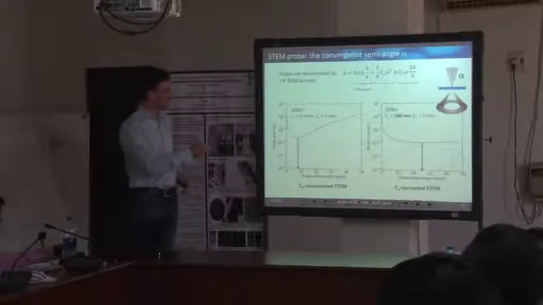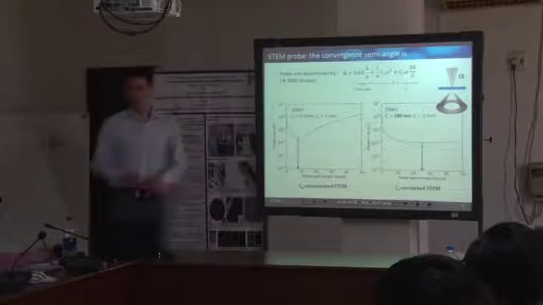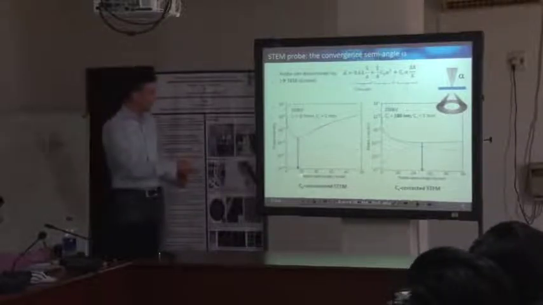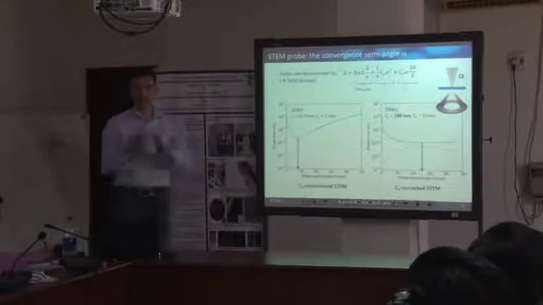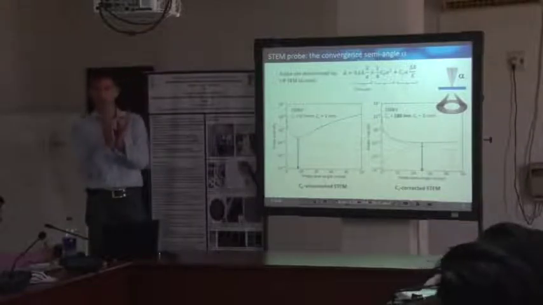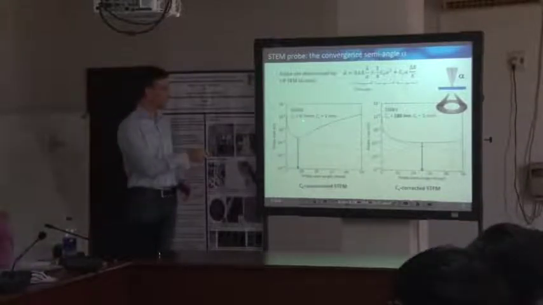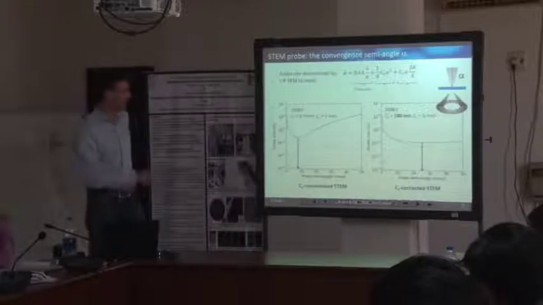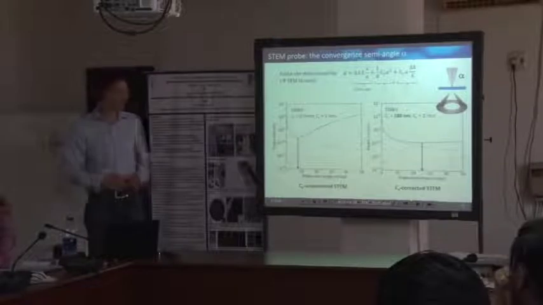But in principle, this is the curve that shows the size of our electron probe on our sample, depending on the probe semi-angle, which is the opening angle of our electron probe. There's an optimum. This is a non-aberration corrected microscope here on the left-hand side with a certain Cc value and already a pretty good objective lens.